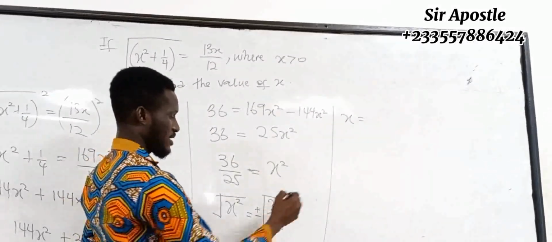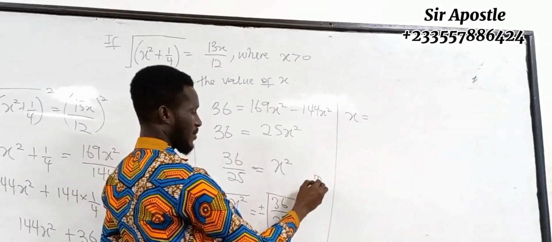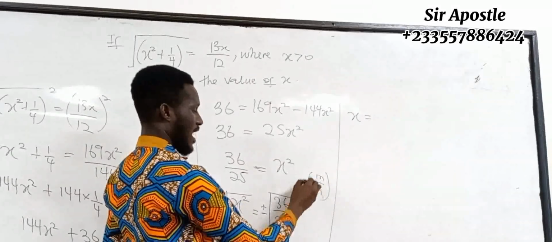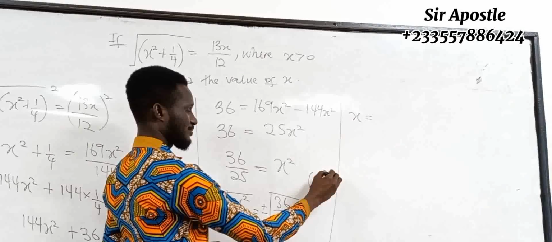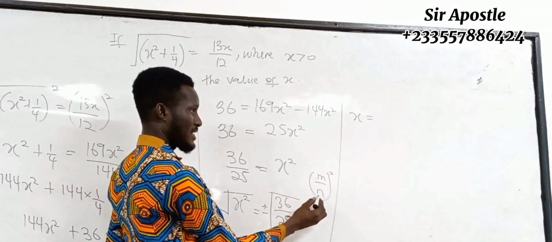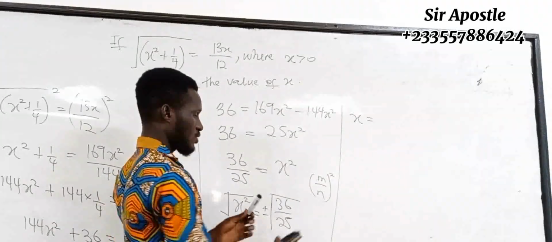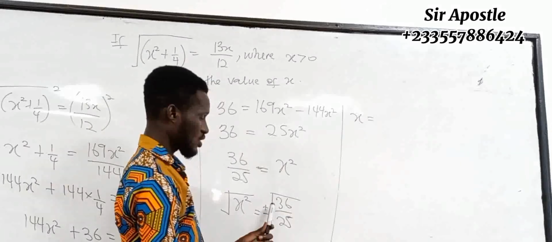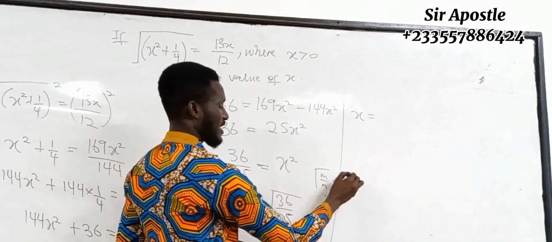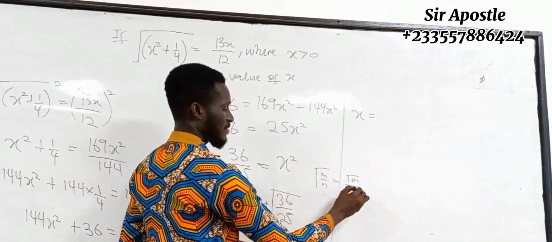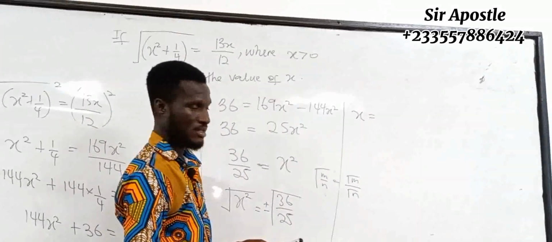Now with the same thing, if I have m out of n having a particular exponent, it means the exponent will affect the m and at the same time the n. Yes. So if this one is having a square root, it means the square root is affecting the numerator, the square root is affecting the denominator. Yes.